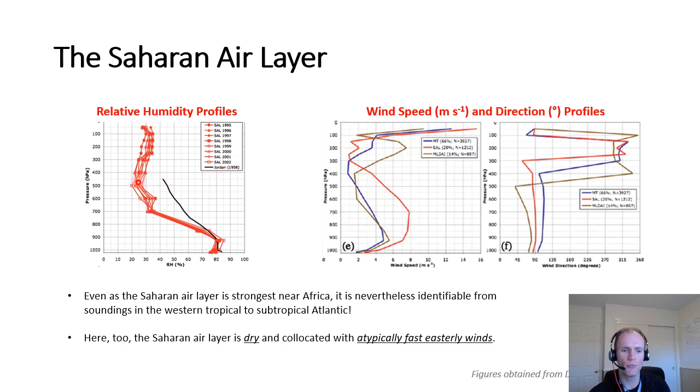They all overlap pretty close to one another, and so we're not particularly interested in looking at differences between those years. The solid black line is the Jordan 1958 sounding, which is said to be a tropical mean or average sounding. And in particular, note the dryness, especially above 900 hectopascals and then from 700 hectopascals on upward.